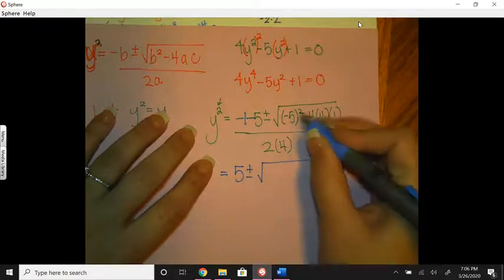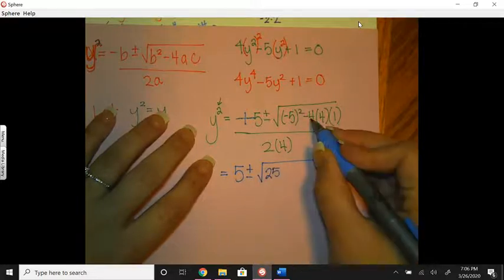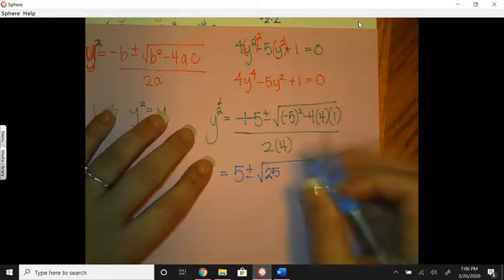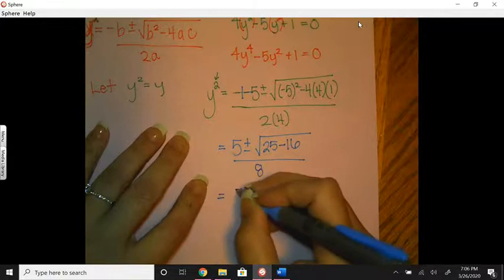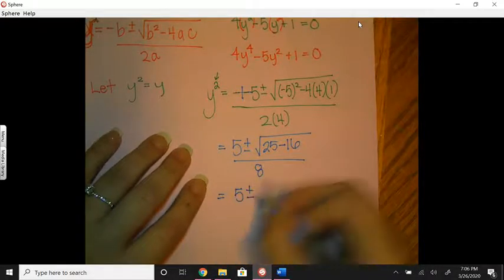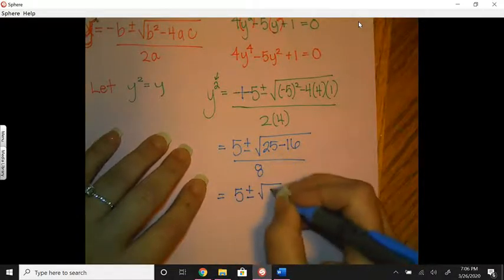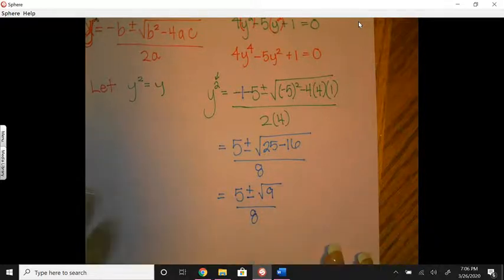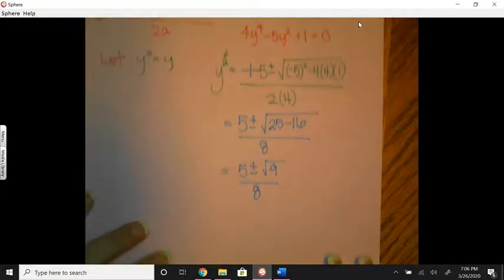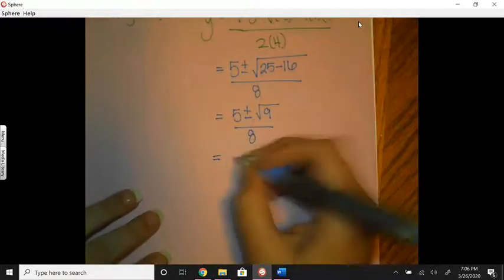Then negative 5 squared is 25, and negative 4 times 1 is negative 16. 25 minus 16 is 9, and the square root of 9 is 3.